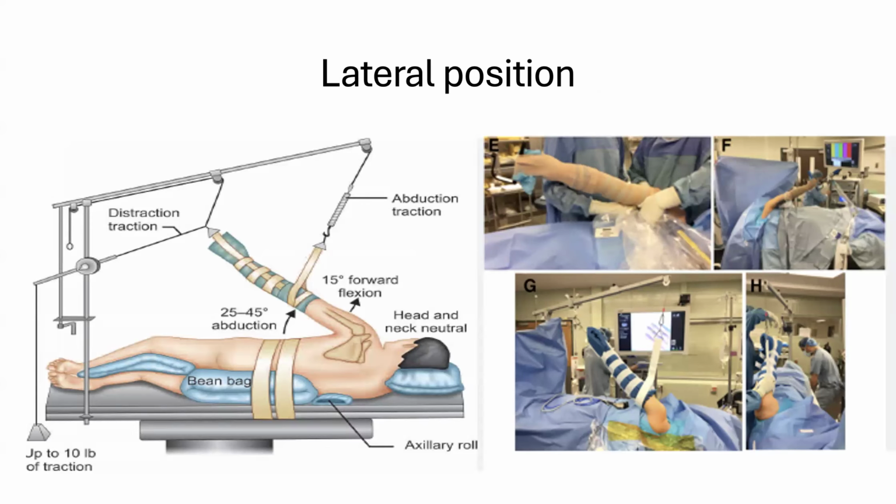With the lateral position, you don't have to be as aggressive when it comes to the blood pressures, because the patient is more or less in a similar position as the supine position, in that the heart, the lungs, and the brain are more or less at the same level.